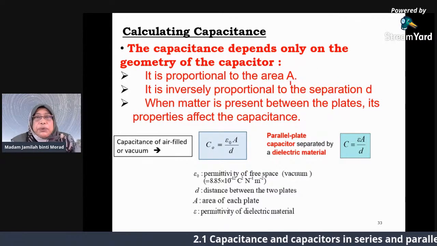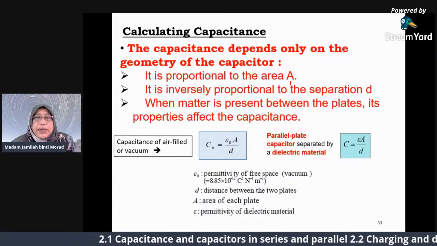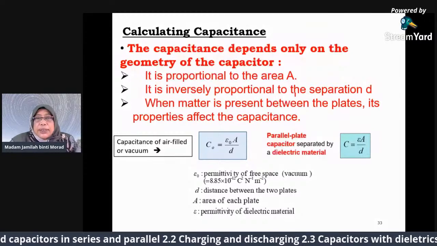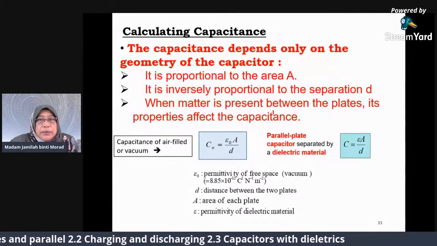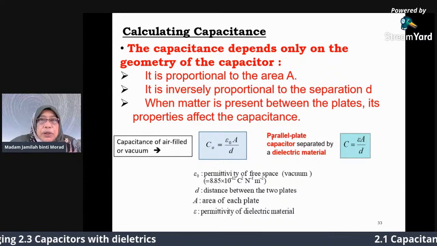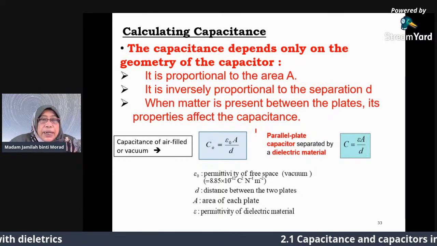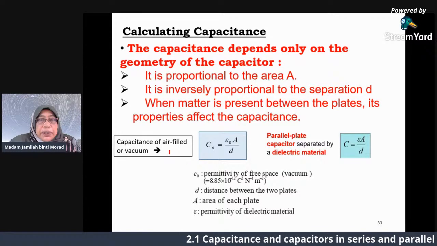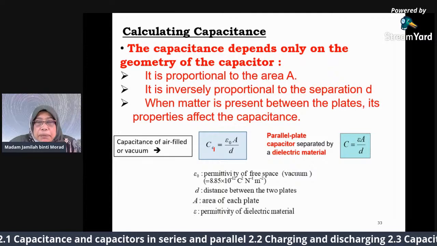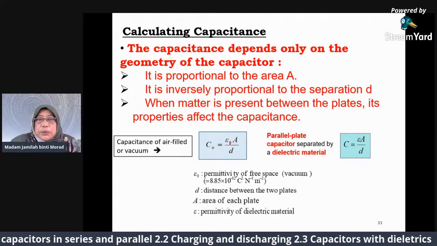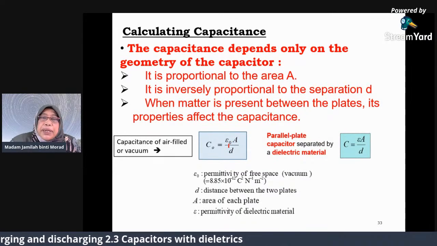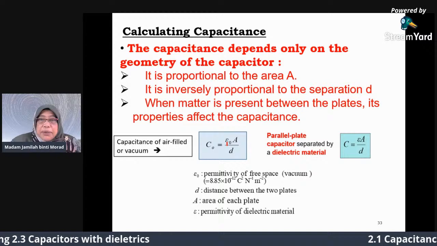It is proportional to the plate area A, and inversely proportional to the separation D, the distance between the two plates. Between the two plates there is a gap, whether it is vacuum or you fill it with a dielectric. So for the capacitance of an air-filled or vacuum capacitor, C equals epsilon naught A over D, the geometrical factor of it, plus what you fill inside the gap.